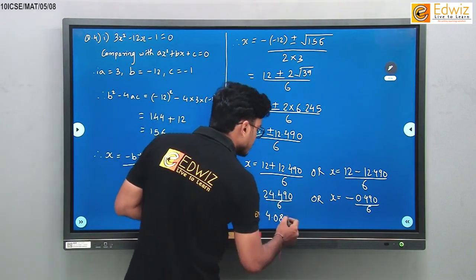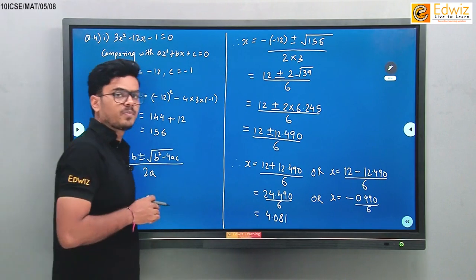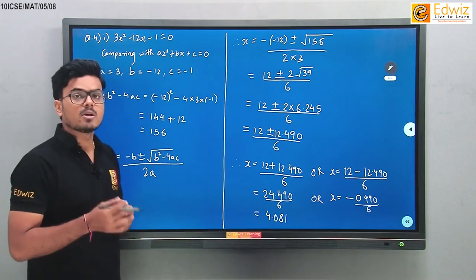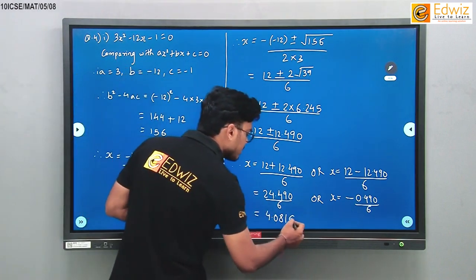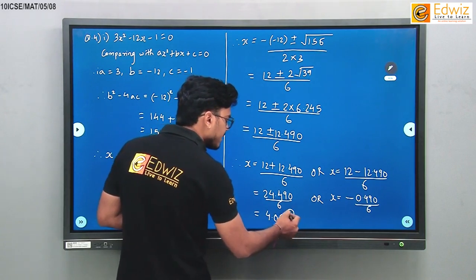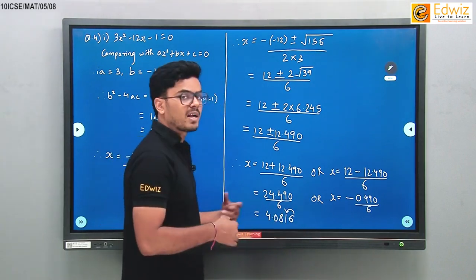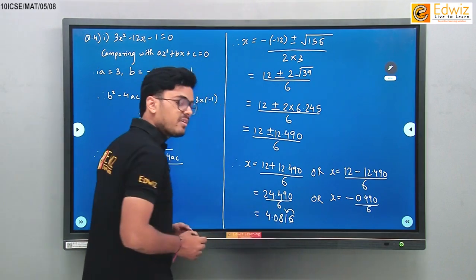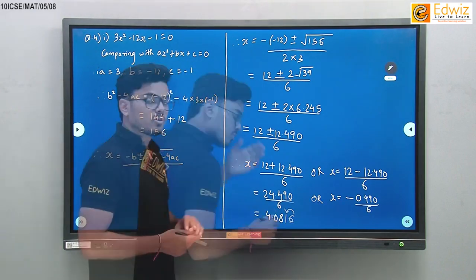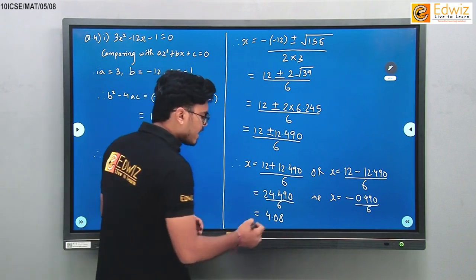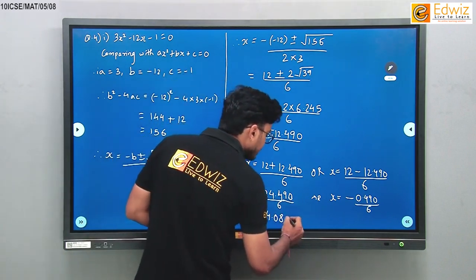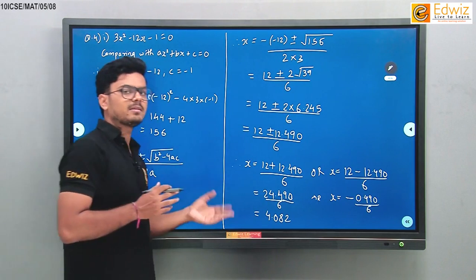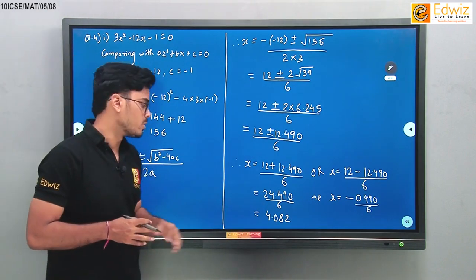Then we have 10, so 6 1s are 6. Then we have 40, correct? So 6 6s are 36. Now due to this 6, we can round off this 1. That's why we need to find one more digit during the division, because if the next digit is greater than 5, we can round it off. So correct to 3 decimal places, what will the value be? 4.082. Okay, the 1 that was there, we have rounded it off to 2.